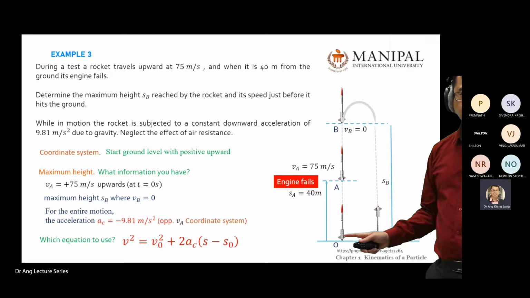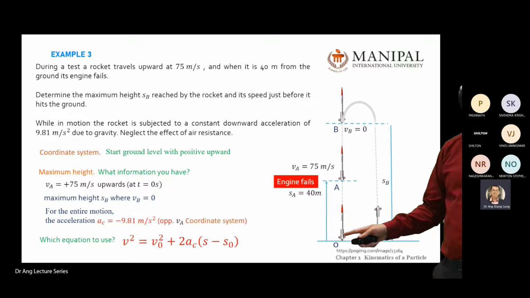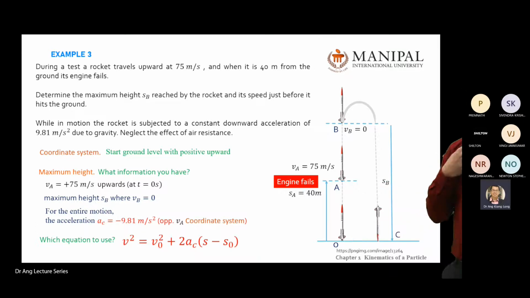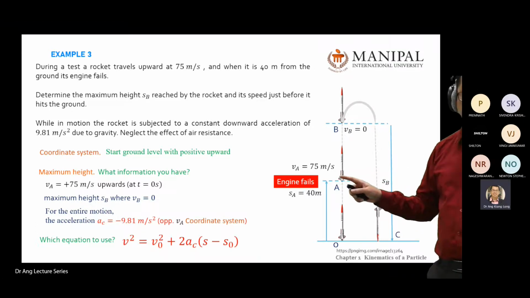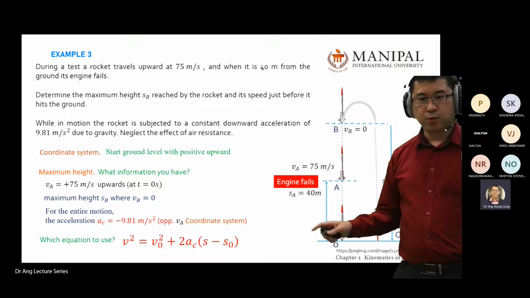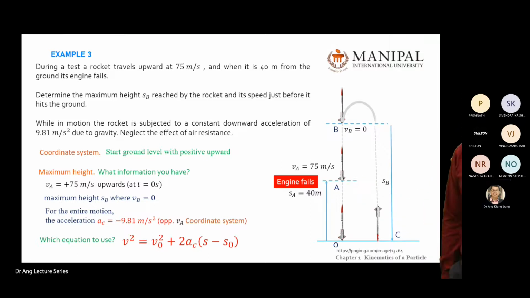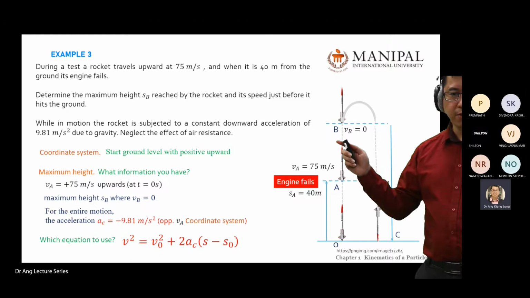You can assume it as 0, but it doesn't give you an accurate calculation because you don't know the velocity here. The confirmed information you have is point A information. So try to solve the problem with the confirmed information. That's why we use point A to point B.